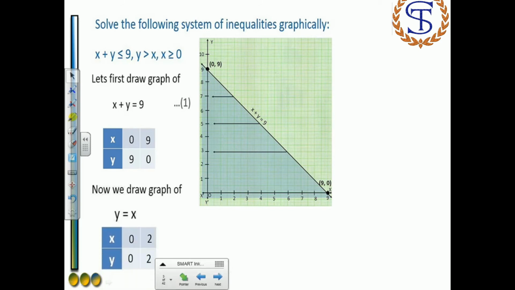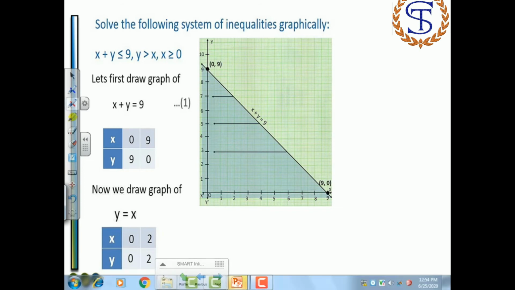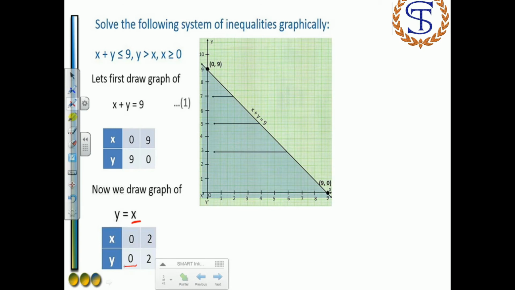See, if we put x equal to 0 in this equation, we will get y equal to 0. If we put x equal to 2, then we will get y equal to 2. Now we have to plot these two coordinates on the same graph paper. Here is the origin, 0, 0. For x equal to 2, y equal to 2, here is the point 2, 2.